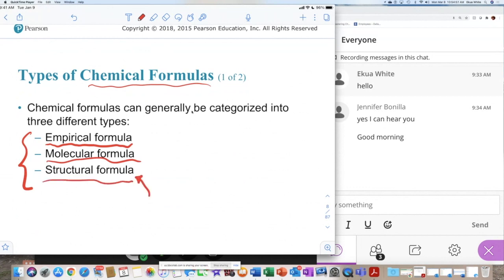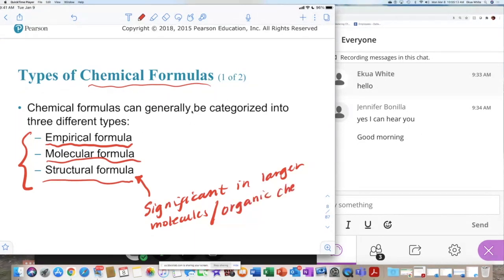The structural formula is more significant, and we see this more in larger molecules. And therefore, we see this more in organic chemistry. Okay, we'll see it a little bit here, but we'll see it more in organic chemistry.